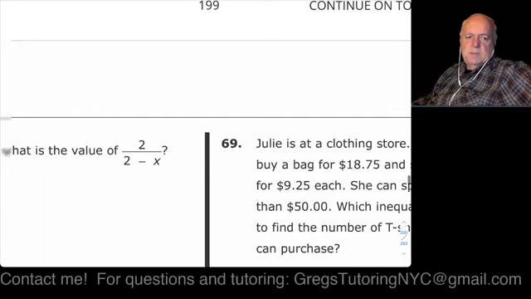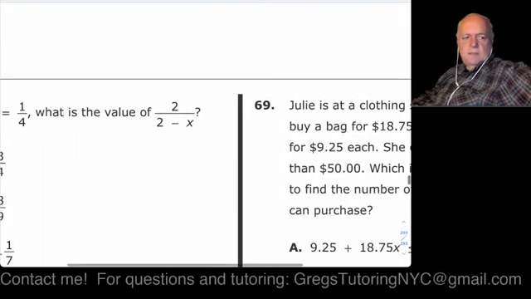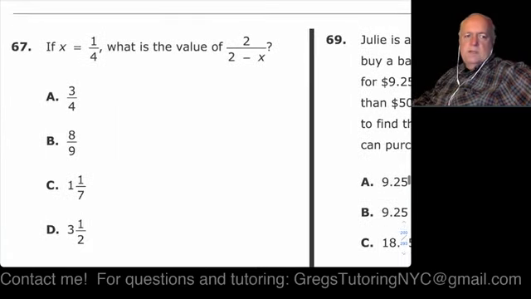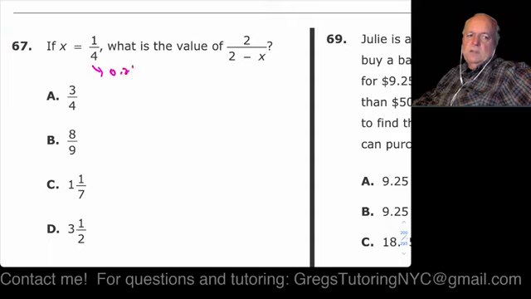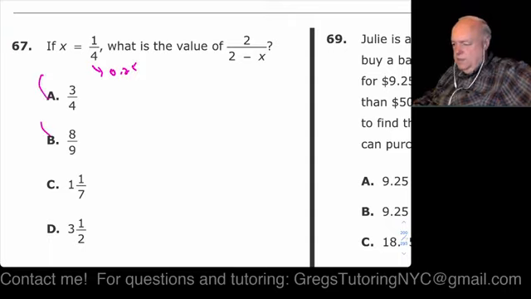We're on 6B now. Okay, so if x is equal to 1/4, what is the value of this? When we meet fractions, we could convert this into 0.25, but I do notice that all the answer choices are in fraction form, okay?